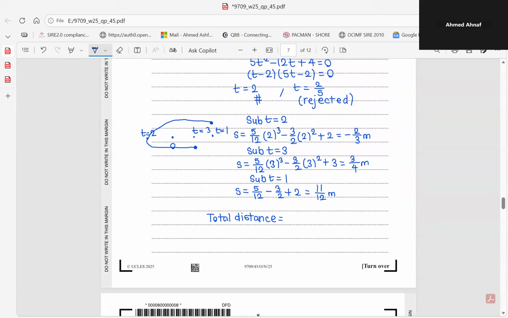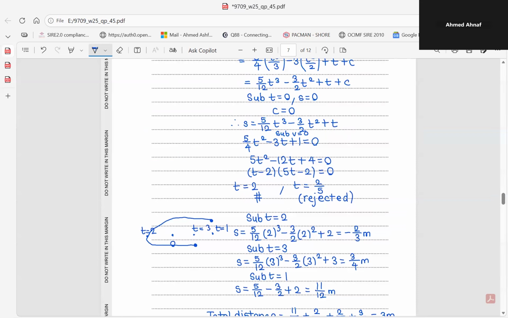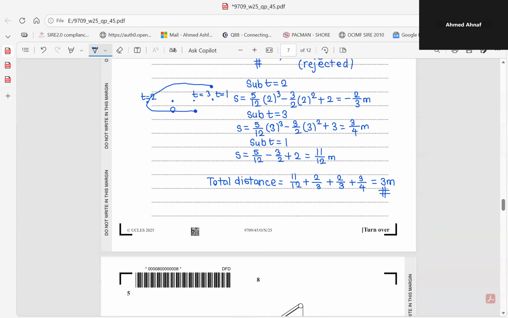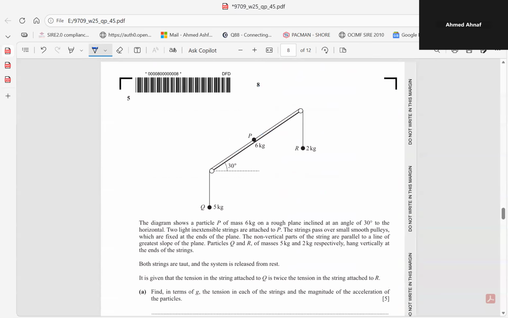T1 is 11 over 12, plus T2, which is 2 over 3, plus T2 again, which is 2 over 3, plus T3, which is 3 over 4. So you would get 3 meters as your final answer. This would be our final answer for this question. Let's move on to the next part.